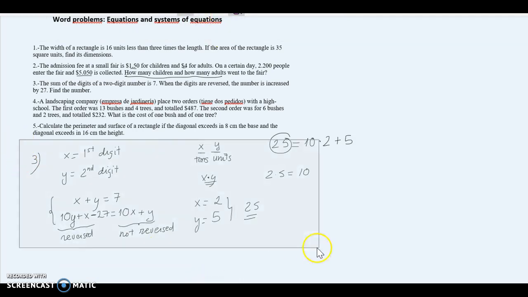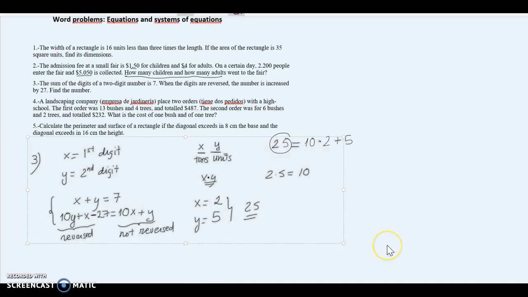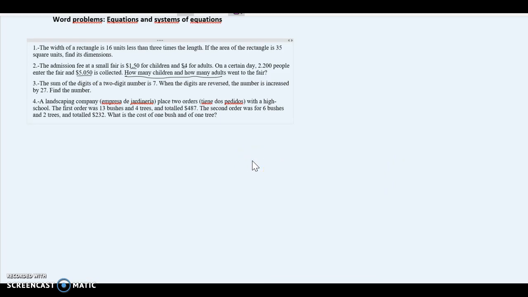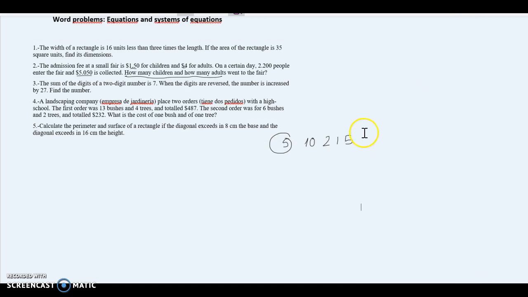Well, problem 4. The problem 4 is similar to the second. Not really difficult. Well, read the problem, and I'm pretty sure that you will find the equations.